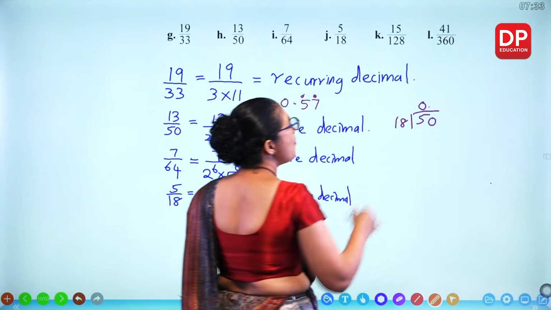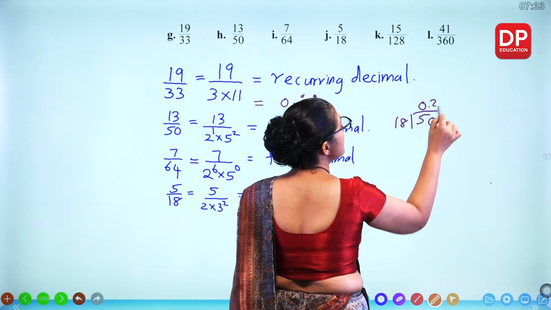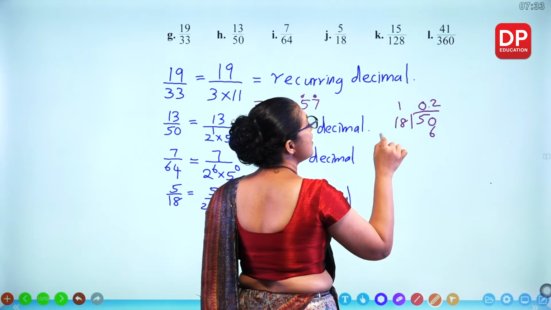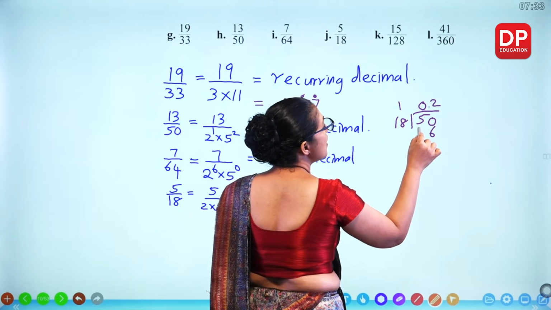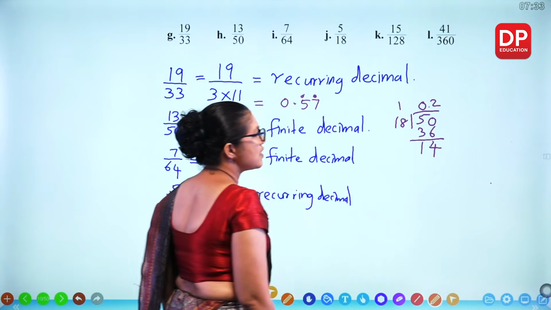For 50, how many 18s? When you multiply by 2, you get 2 times 8, 16, 1, 2 times 1, 2 plus 1, 3. When you subtract, you get 14.